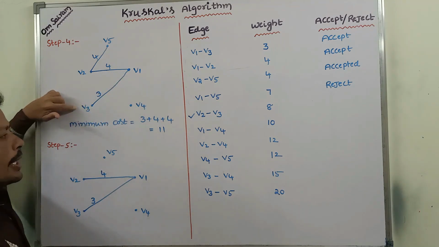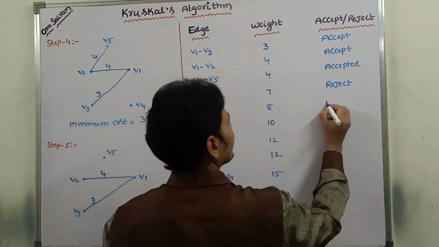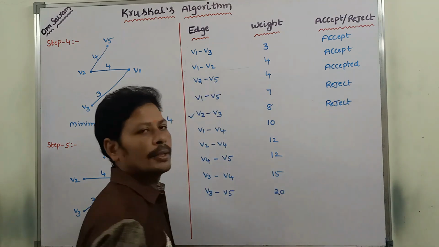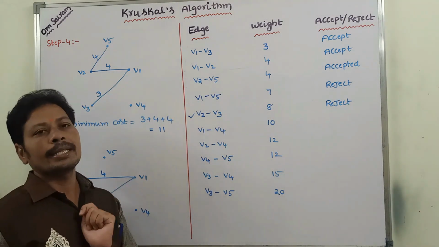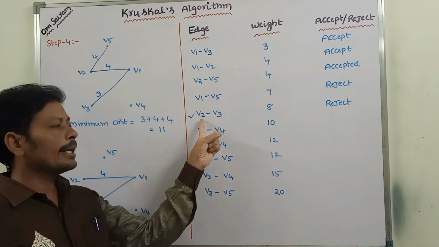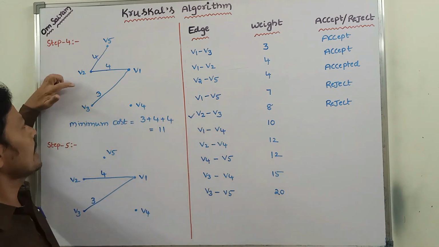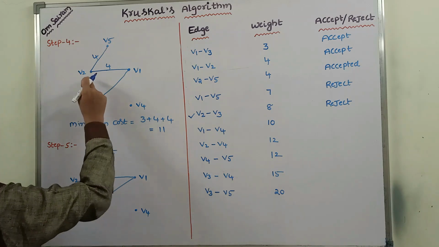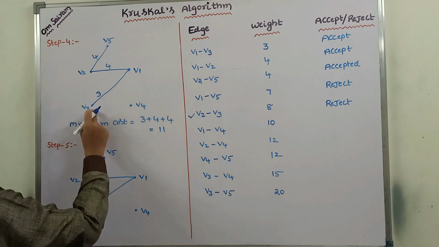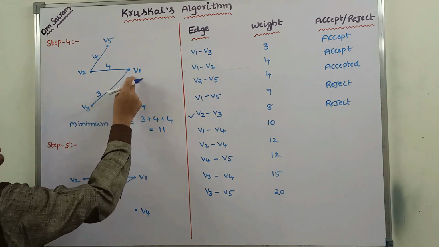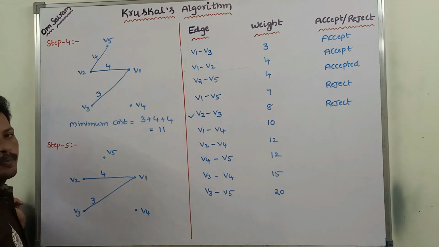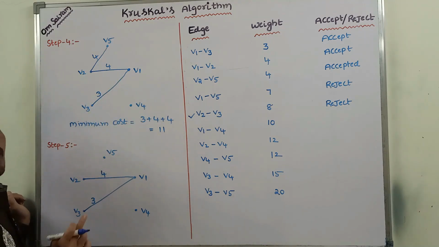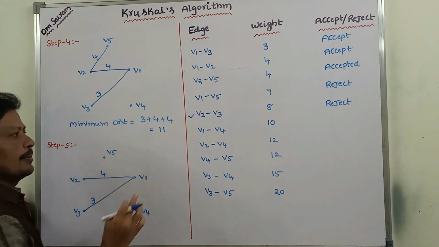So we have to reject that edge. Why? After adding this edge into the existing spanning tree in step 4, it forms a cycle. So there is no change in the minimum cost of the spanning tree.